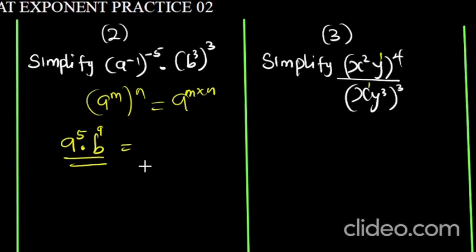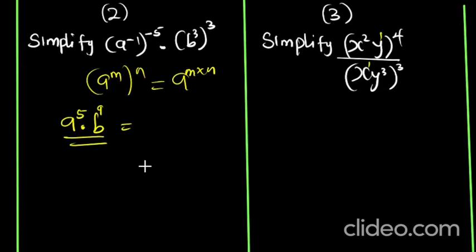In some cases, they might write this in another form. Now this is an odd number. If this a to the power of 5 were to be like a to the power of 6, and we have b to the power of 9, it can also be written like this: you have a squared, b to the power of 3, then this 3 can be outside.